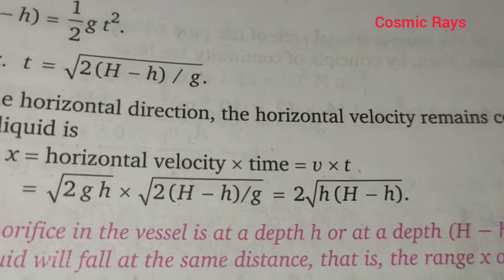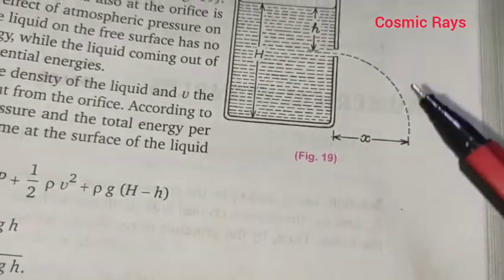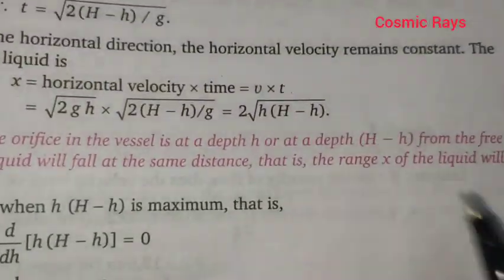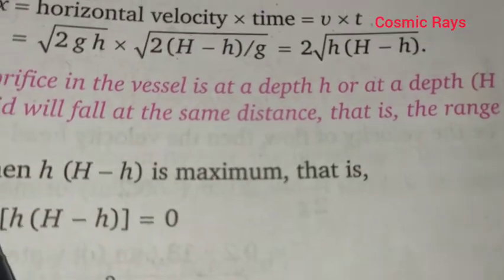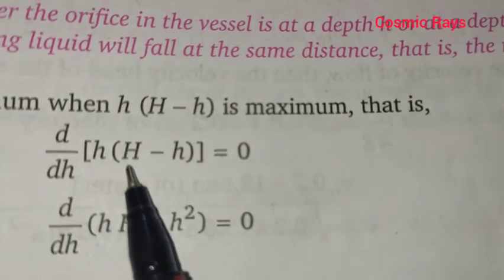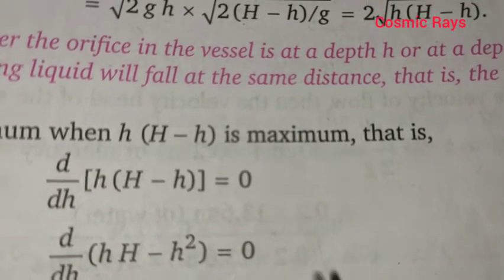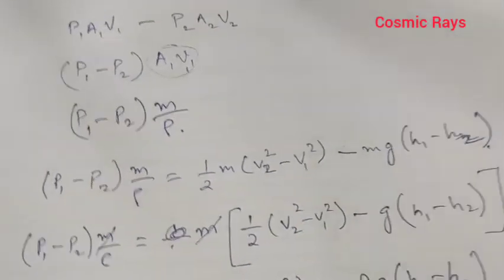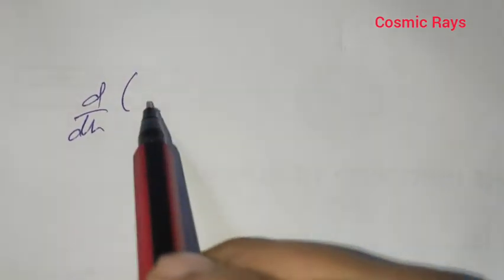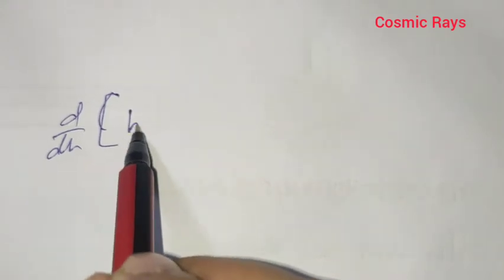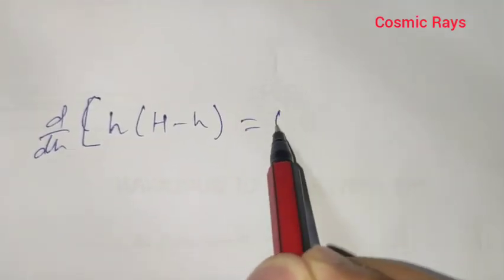Now to find out the maximum range, what will be the maximum distance covered by this liquid which is coming out, what we will do is we will differentiate it, d/dh of h into H minus h, and that is equal to 0. So this part I'll show it to you here. d/dh of h into H minus h is equal to 0.